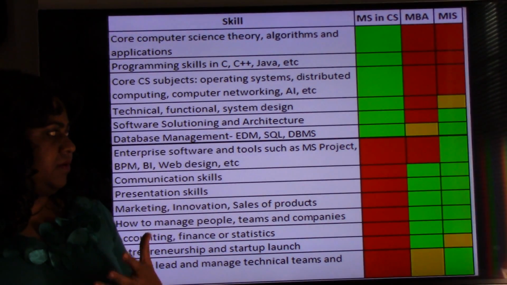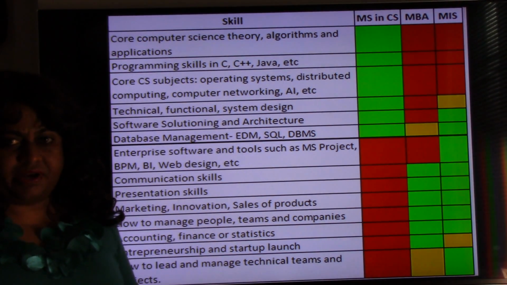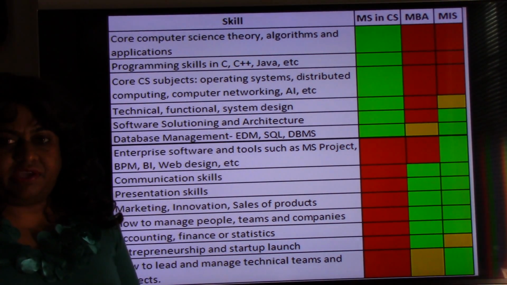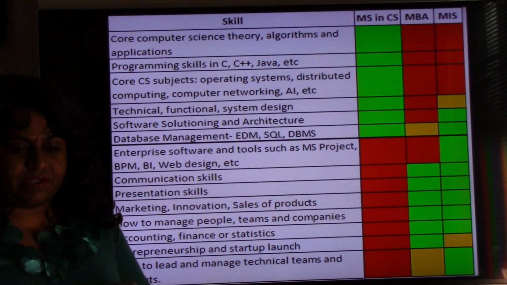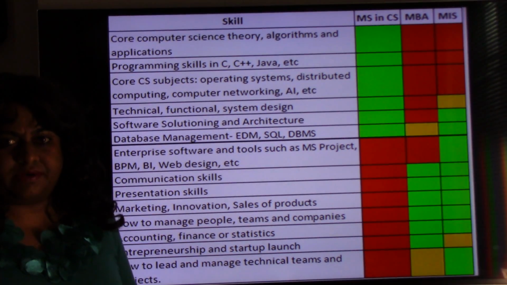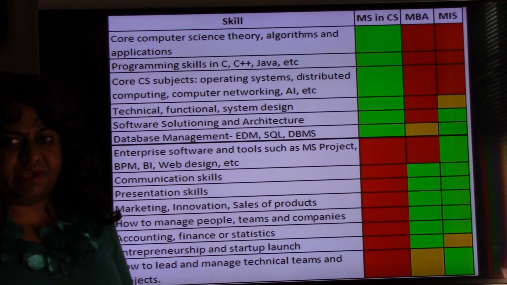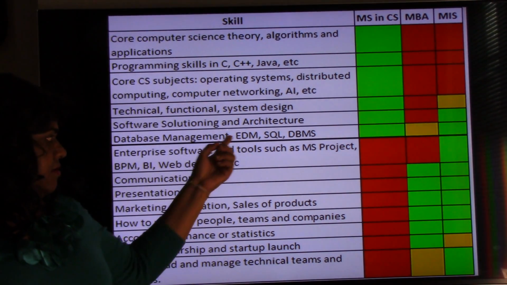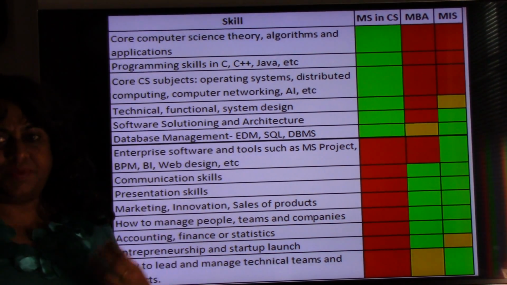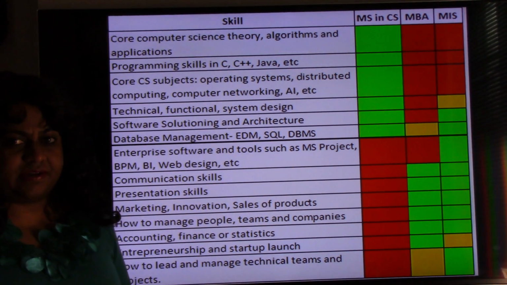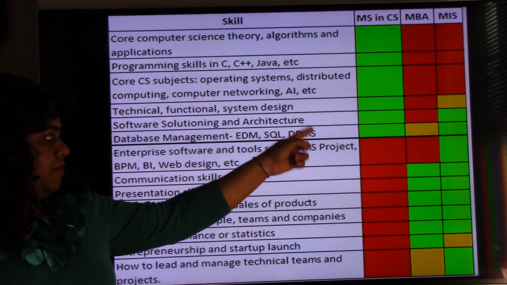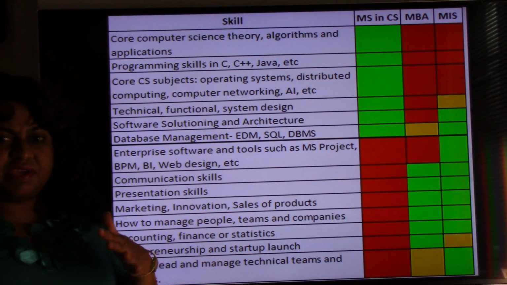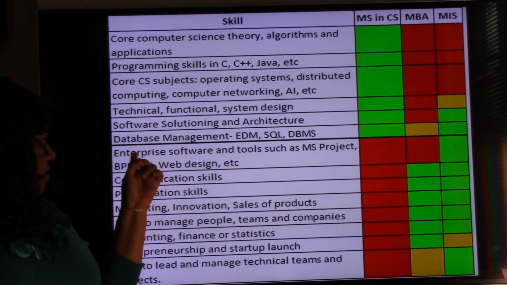But even if you don't know SQL, how to write SQL queries or how databases really work, like what is a primary key, what is an inner join, outer join, without knowing all these details about database management, you can still get an MBA. So if you want to learn all about database management and architecture and writing SQL queries, to be a database administrator or technical architect, your best bet would be to study an MS in computer science or MIS. In an MBA, you learn a little bit of that maybe.